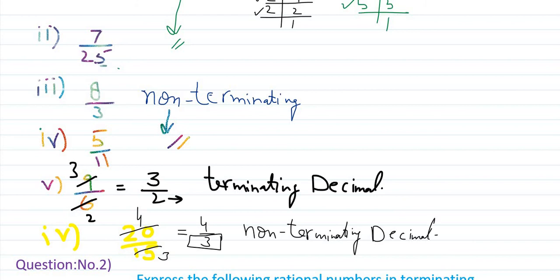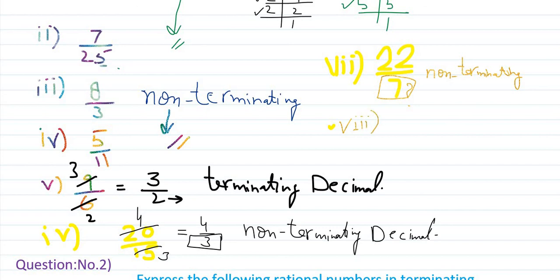Now I am solving part number 7, which is 22/7. As in the denominator there is not 2 or 5, that's why this is also non-terminating.